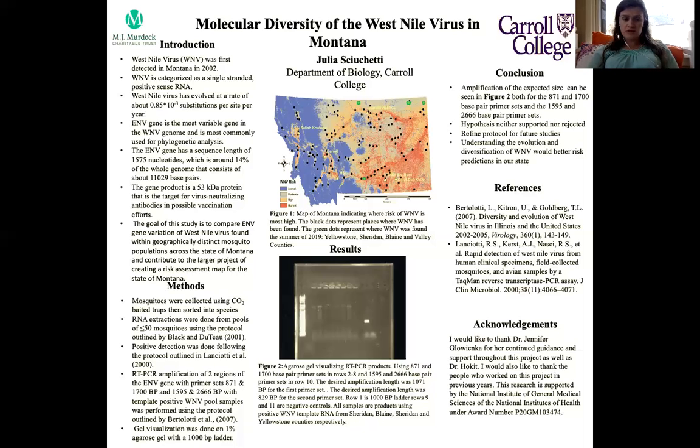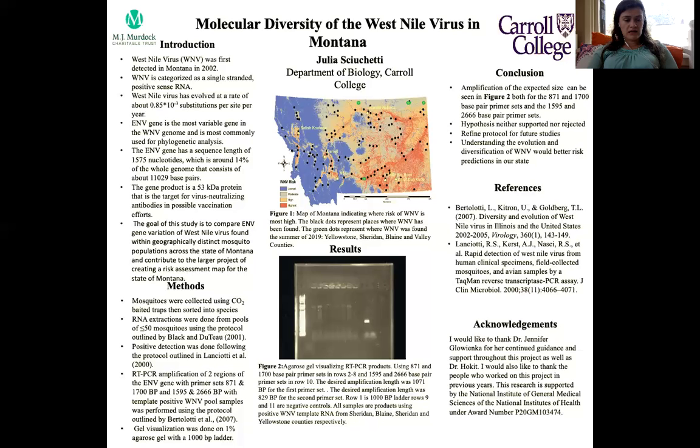So for my methods, from June to August, from 2009 to 2019, mosquitoes were trapped using carbon dioxide baited traps and then sorted to species. They were put into pools of 50 or less and labeled with their associated location.